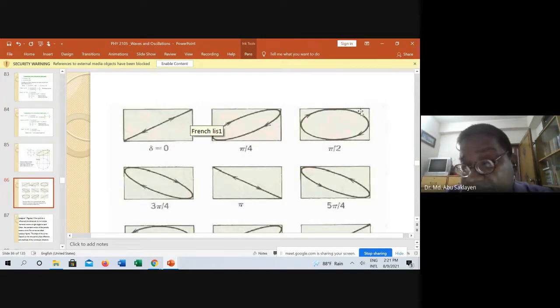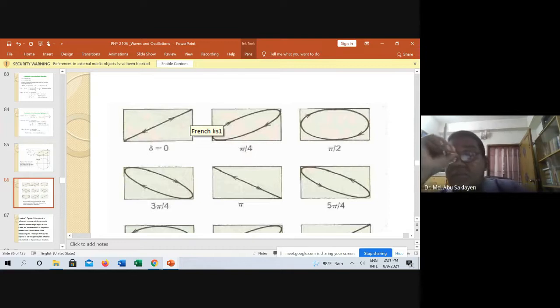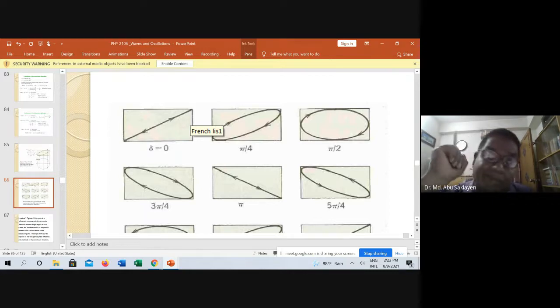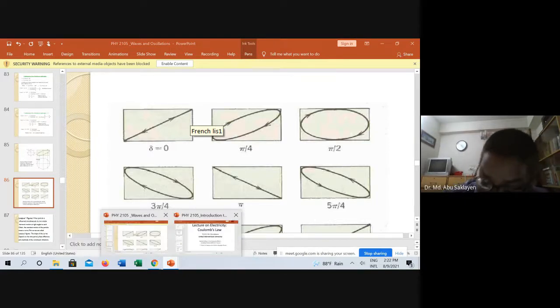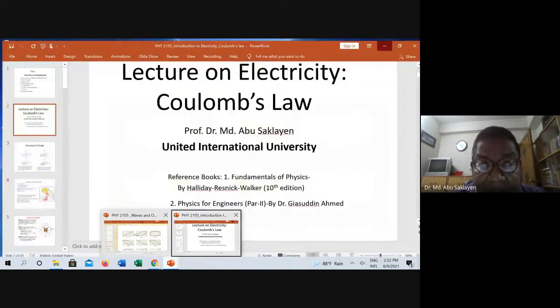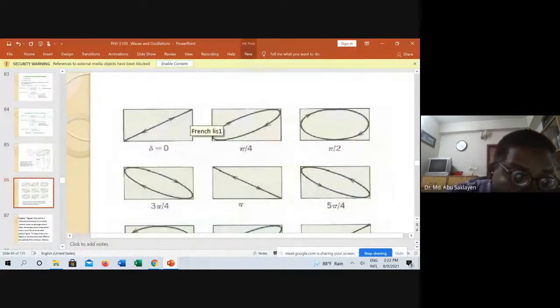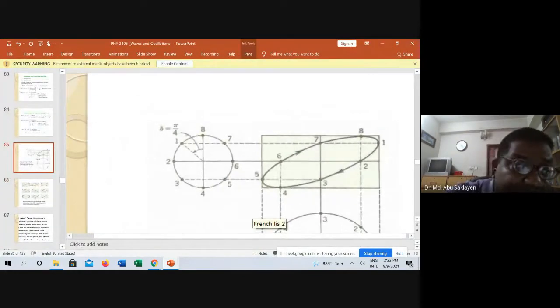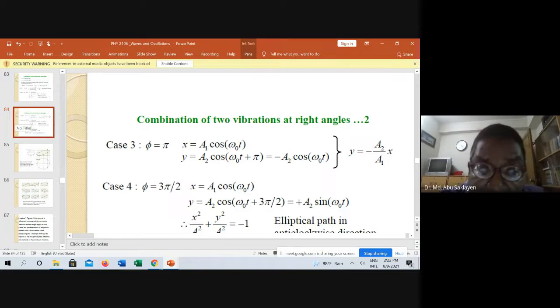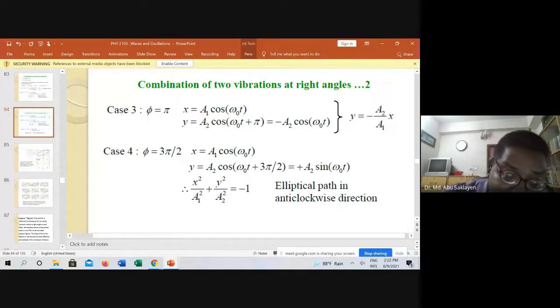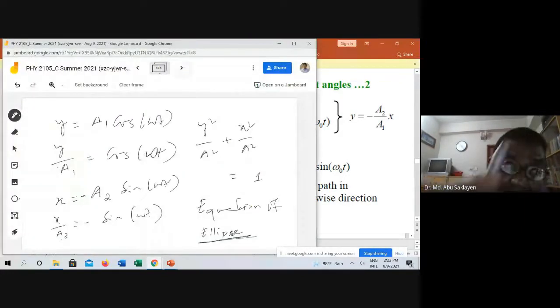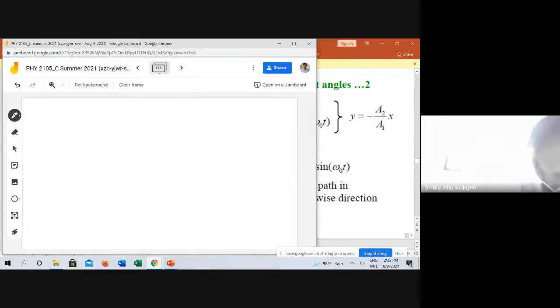If we consider phi equal to pi, case 3, what will you get? y equal to minus a1 by a2 into x, with the minus sign.